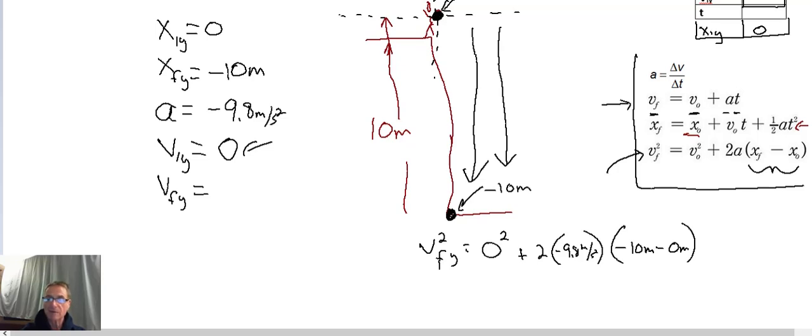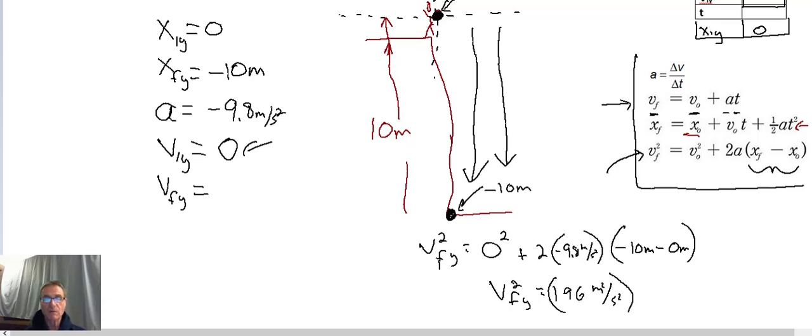Negative 10 times negative 9.8 is 98. 98 times 2 is 196. So v final in the y direction squared is equal to 196 meters squared per second squared. Okay?